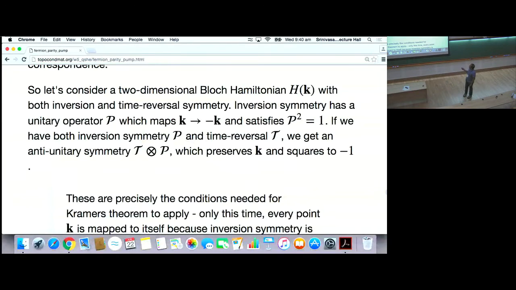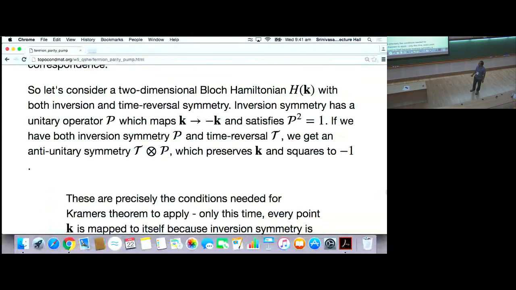So each H of k itself is not time reversal symmetric because T maps k to minus k. But inversion also maps k to minus k, and inversion, unlike time reversal, is a unitary operator that squares to 1. So if you take the product of time reversal and parity, this is sort of a new time reversal. It has a nice property that it preserves k and it squares to minus 1. So you can apply this antiunitary transformation to every H of k.